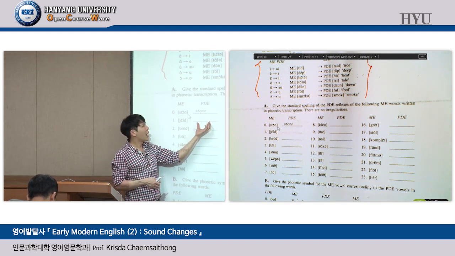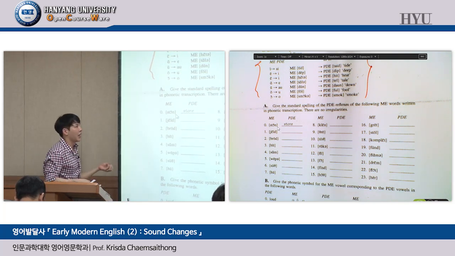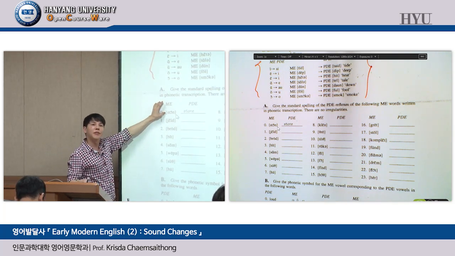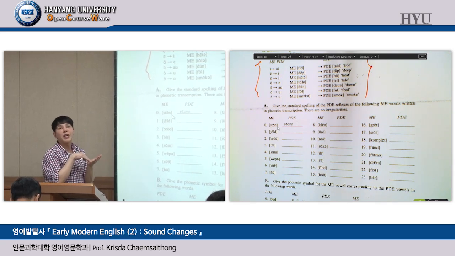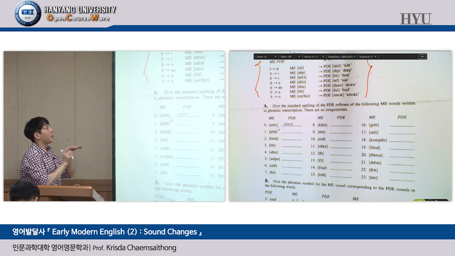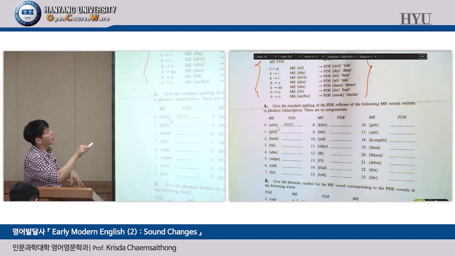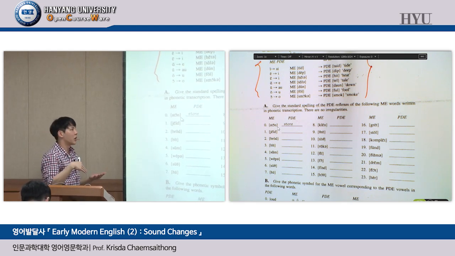Now you have to figure out what the PDE word would be by guessing. The ME version is the version that has not undergone the GVS yet. You have to use the information here to help you guess what the modern day word would be.